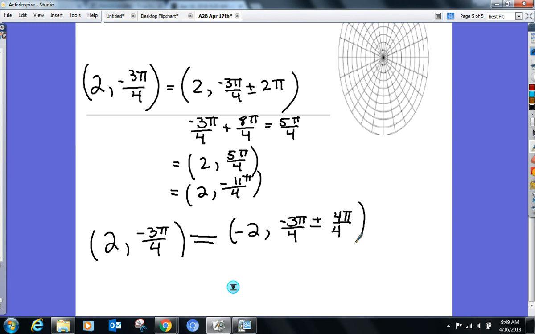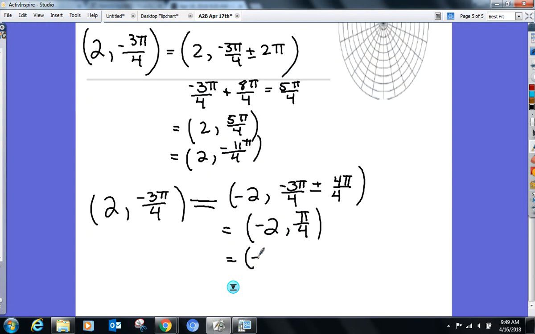Add these two, subtract these two. So go ahead, add them. What do you end up getting? Pi over 4. And subtract them. What do you end up getting? Negative 7 pi over 4.